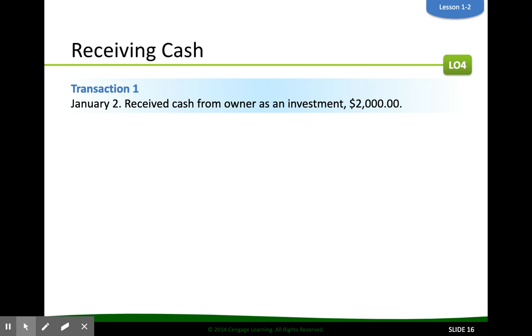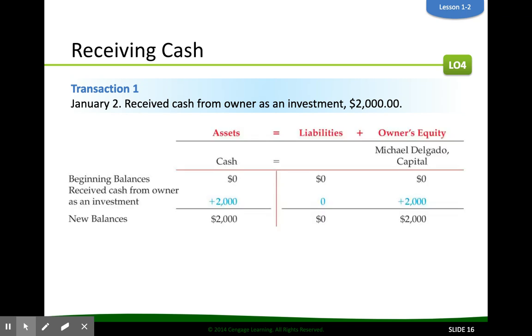So we have our first transaction here. We received cash from an owner as an investment for $2,000. So we have a $2,000 increase in cash. So we have a cash account. The account title is cash. We're increasing it by $2,000. So the left side has a positive $2,000. The right side, we're increasing the value of the company.